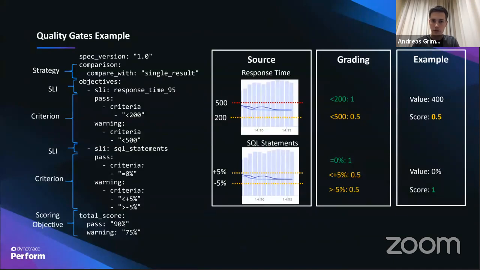Let's assume the response time is 400 milliseconds. You can see 400 milliseconds does not fulfill the pass criteria, but it fulfills the warning criteria. Therefore, we get 0.5 points. However, the SQL statements did not change at all.